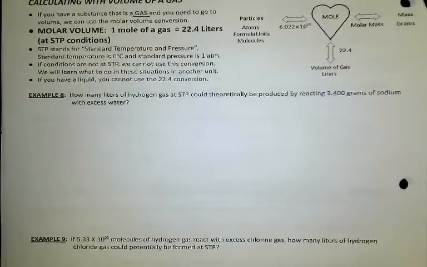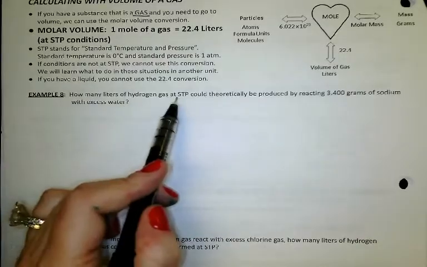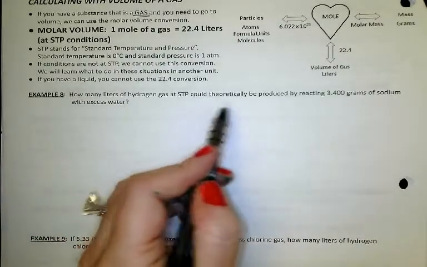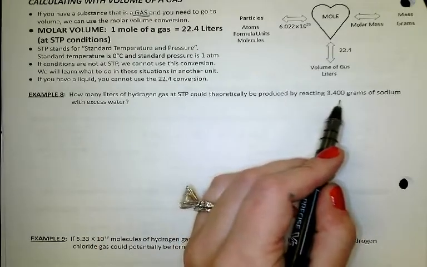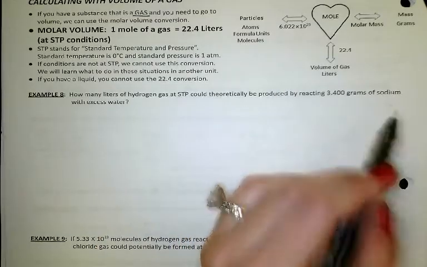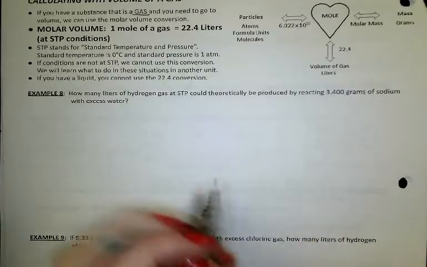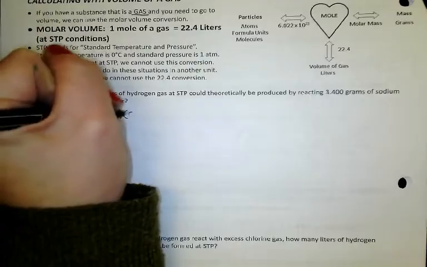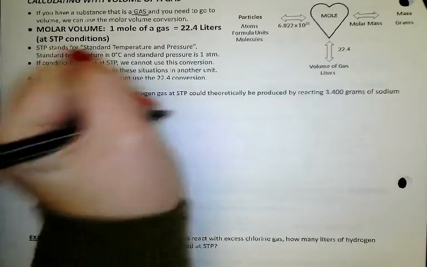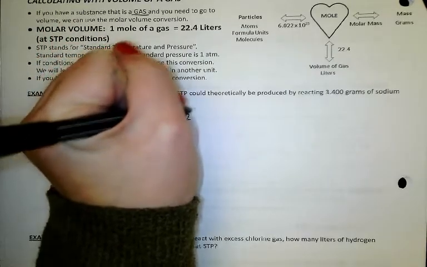So let's look at this example. It says, how many liters of hydrogen gas at STP could theoretically be produced by reacting 3.400 grams of sodium with excess water? So first we need to write our balanced equation. So we have sodium, which is a solid, reacting with water.